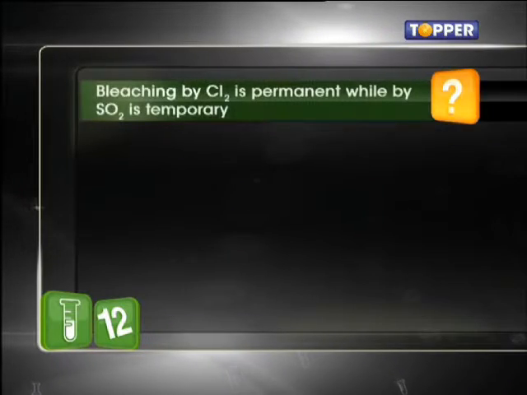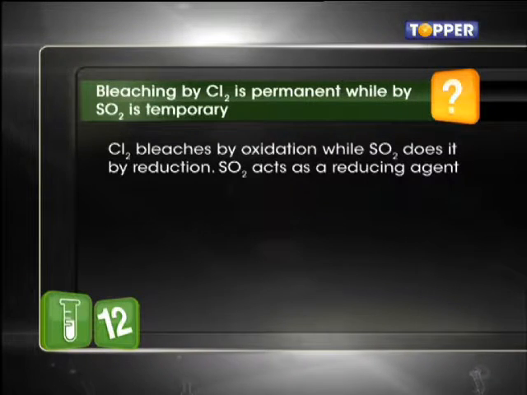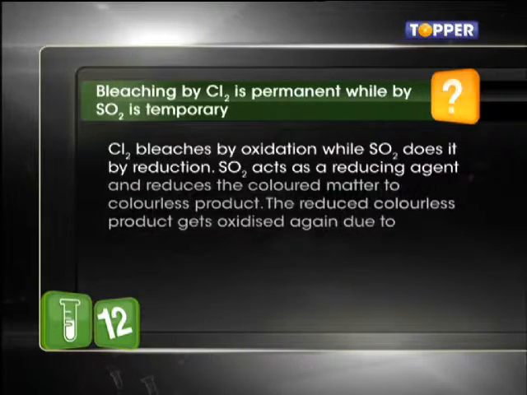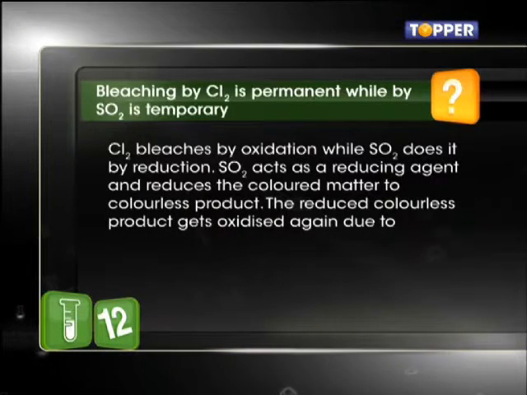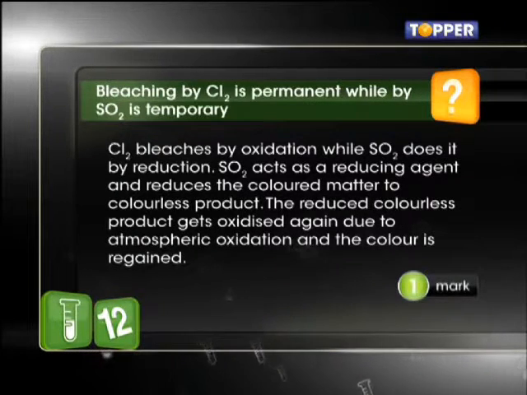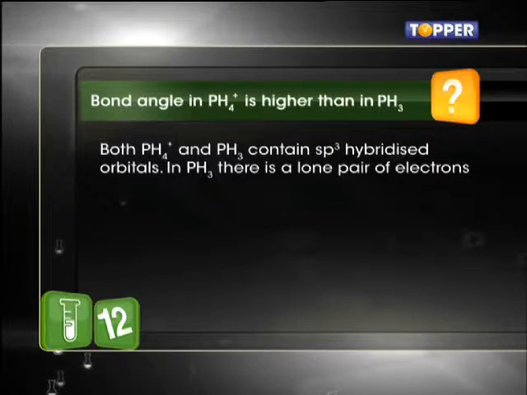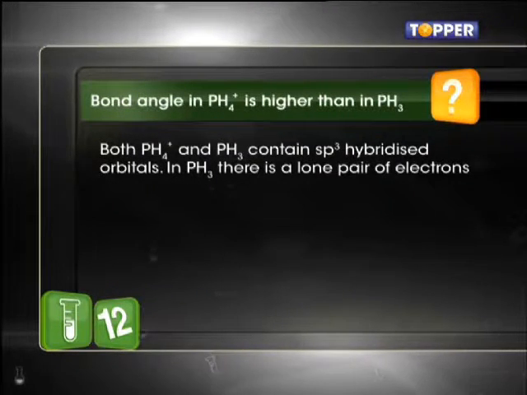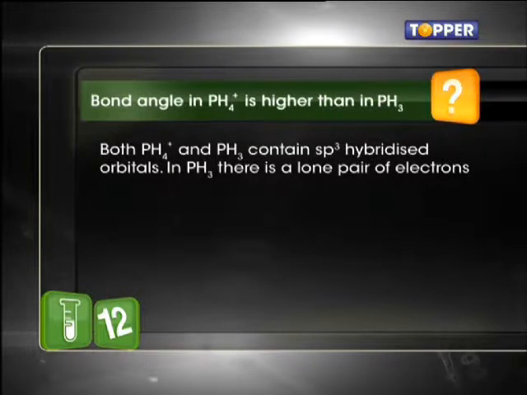The answer for part 1 is: Cl2 bleaches by oxidation while SO2 does it by reduction. In case of SO2, the reduced product gets oxidized easily again and the color is regained. Now for the second part, both PH4+ and PH3 contain sp3 hybridized orbitals.